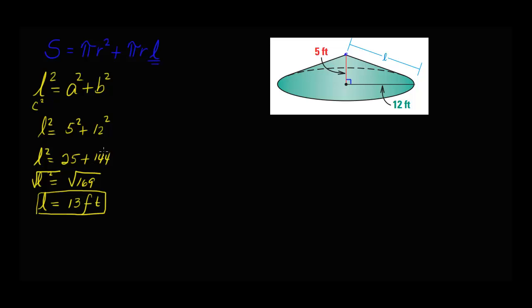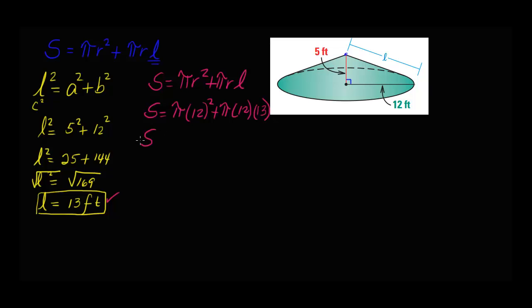Now I can go and find the surface area using the formula, which is S is equal to pi r squared plus pi r L, and let's plug in. S is equal to pi, what's the radius? 12, so 12 squared, plus pi times R, which is the radius, again 12, times L, which we just found, which is 13.